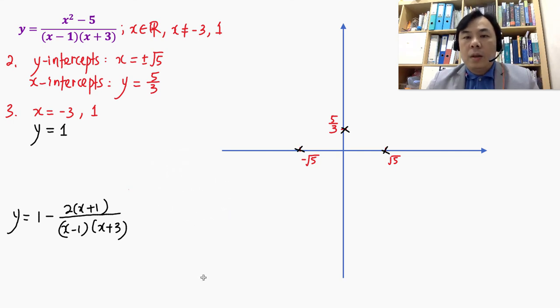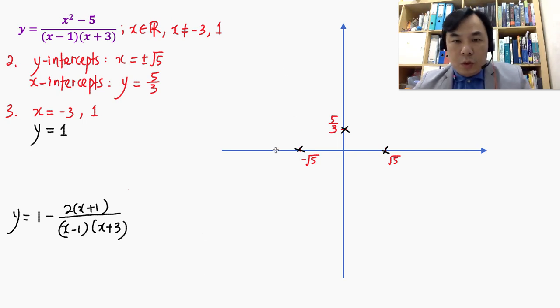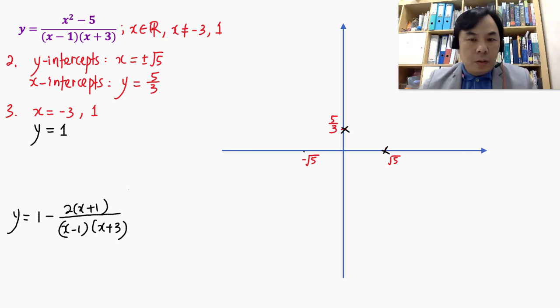Okay, alright. And then I'm going to label all my asymptotes. So negative 3 will be around here. And then the other one is 1. So 1 will be around here, for instance. And then we have the horizontal asymptote also.